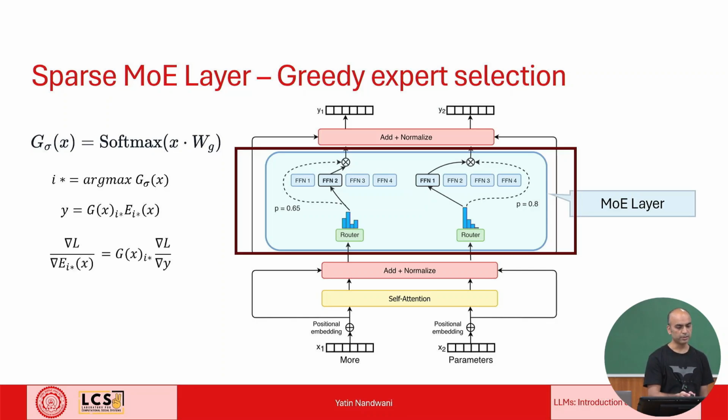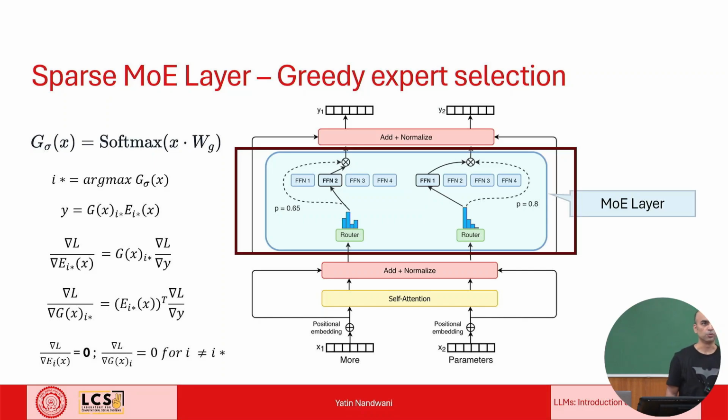Similarly, we can get the derivatives using the chain rule here, and all the other derivatives are zero. So this speeds up the backpropagation as well. Other than I star, the expert which got the maximum probability, everything else is zero. All the derivatives are zero. So this introduces sparsity.